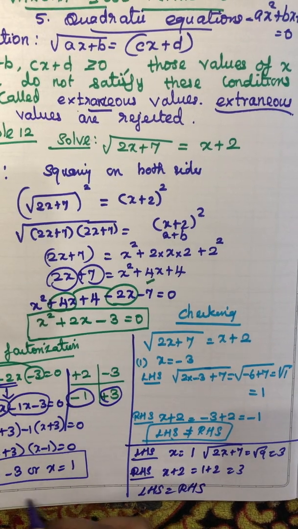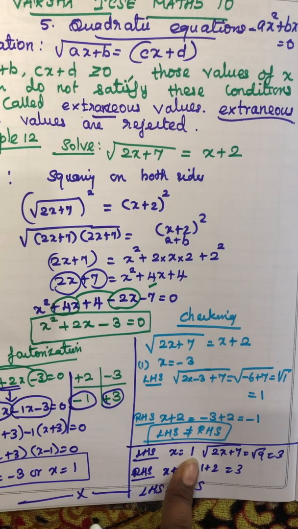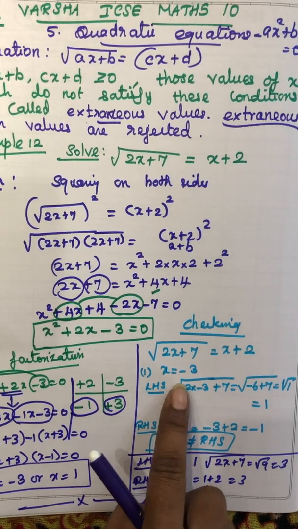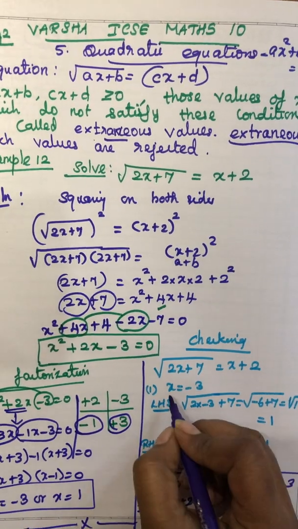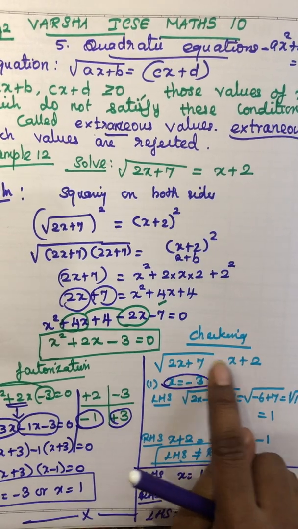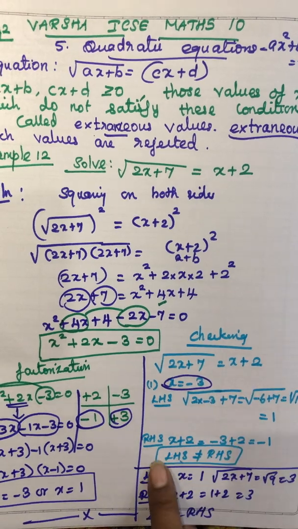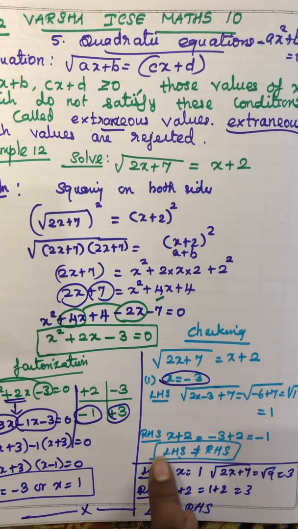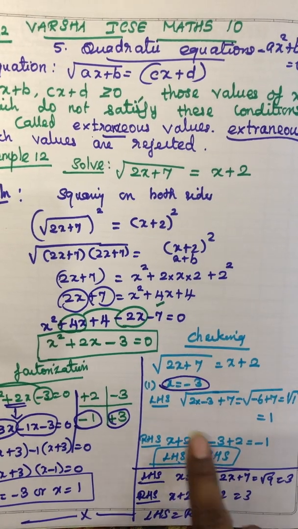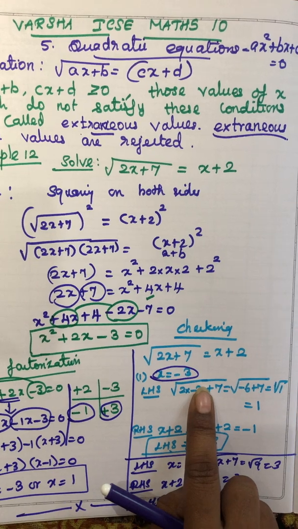So it is not rejected. x is equal to 1 is the solution, the accepted value. But x is equal to minus 3, listen carefully students, when I substitute here, LHS is 1 but RHS gives minus 1. So these are not equal. So x is equal to minus 3 is an extraneous value.